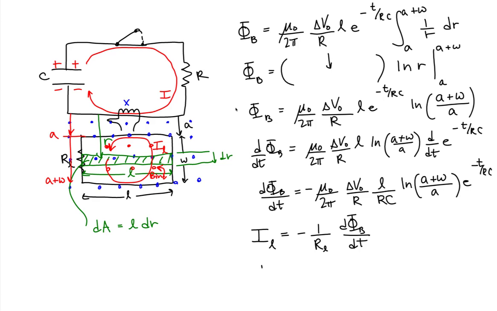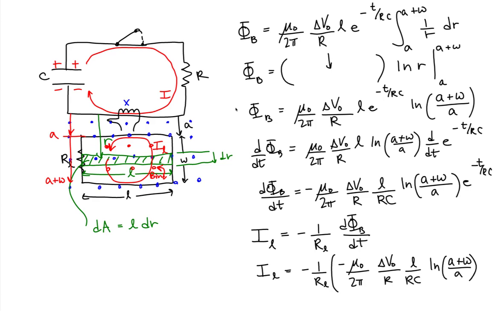This means that our induced current in the loop is equal to minus 1 over the resistance of the loop, times minus the permeability of free space over 2 pi times the potential difference over R, L over RC, natural log of A plus W over A, and I'm going to have to squeeze in this exponential e to the minus t over RC, and this is the expression we have for the current in our loop.